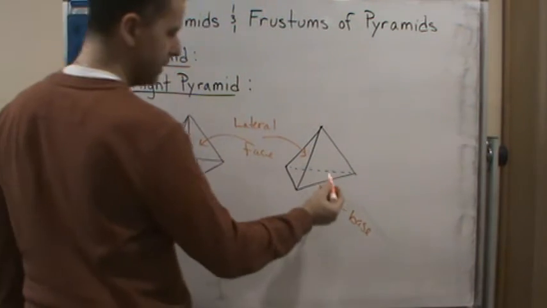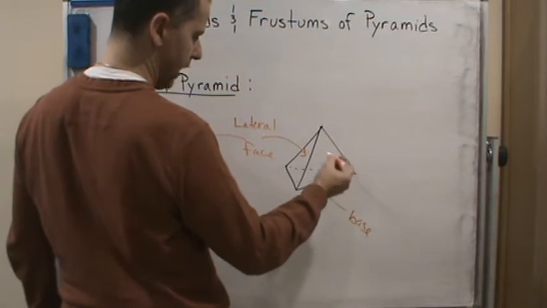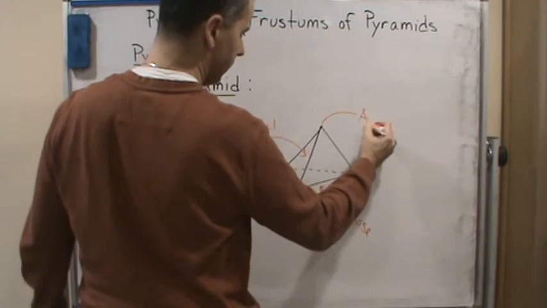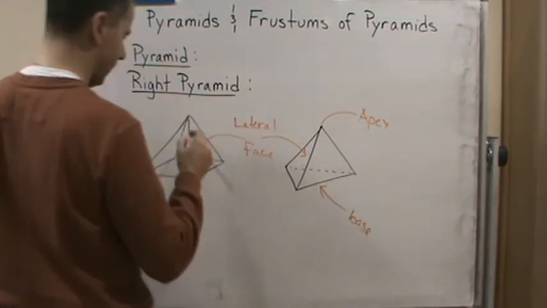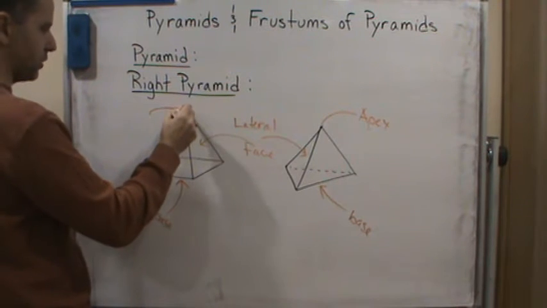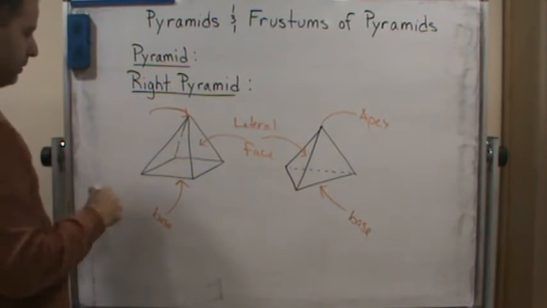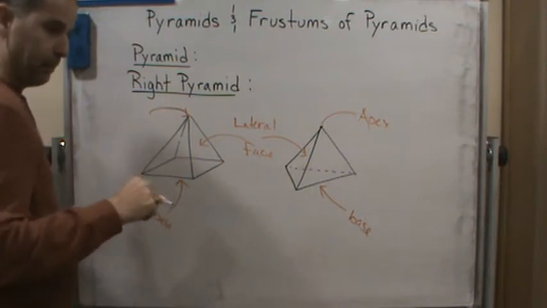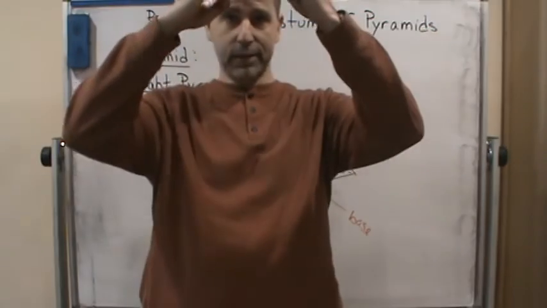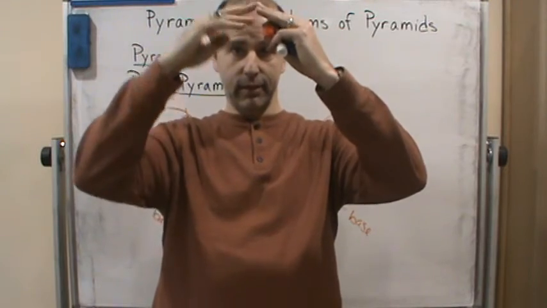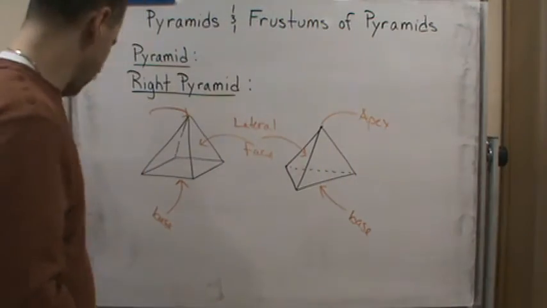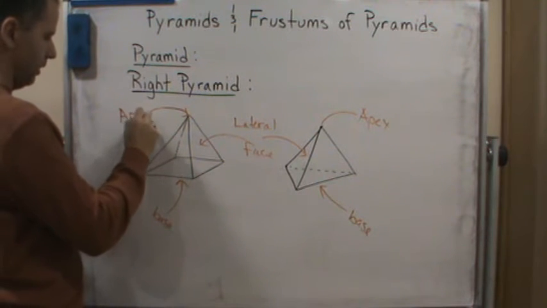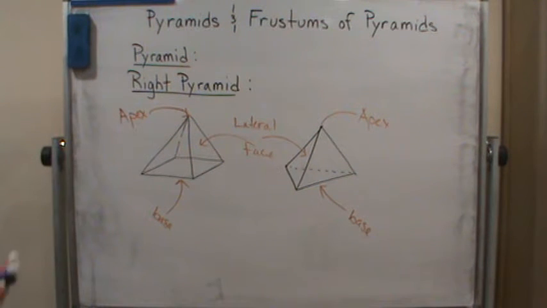Notice that all the lateral faces taper to a point, and this point is called the apex. The apex just means the very top point of a structure. So the apex of a roof is the top of the roof, where the 2 halves of the roof meet. So that's called the apex.